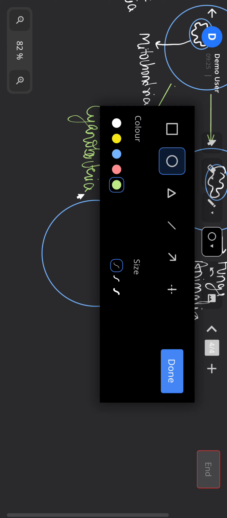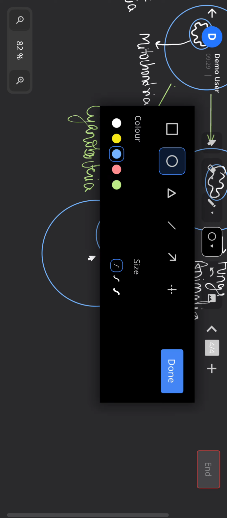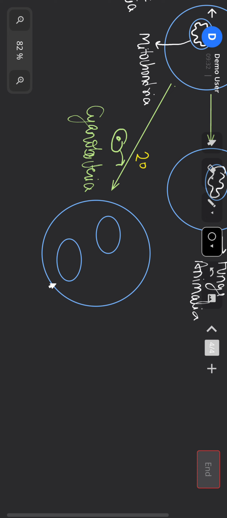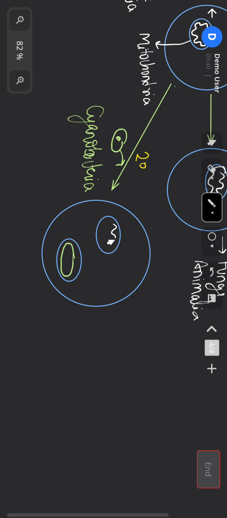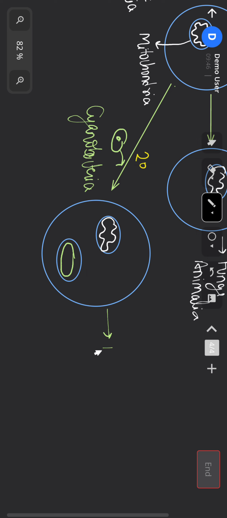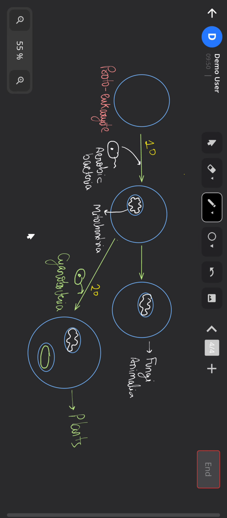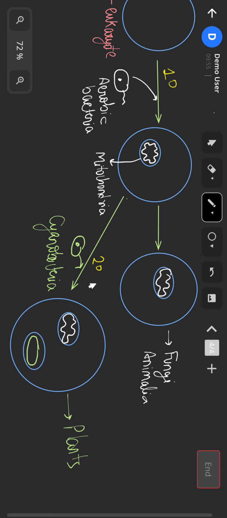So again, due to its entering, one membrane is provided by the proto-eukaryote itself, and another membrane is of bacterial origin. So these had both mitochondria and chloroplast, and these gave the origin of the modern day plants. So this is how the chloroplast and mitochondria both have originated.